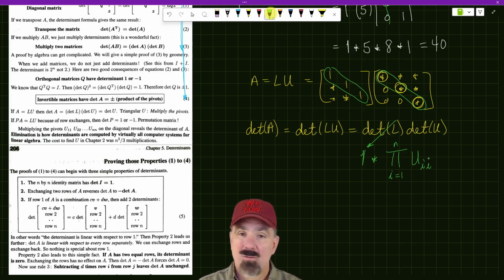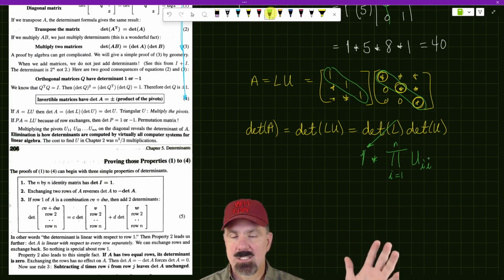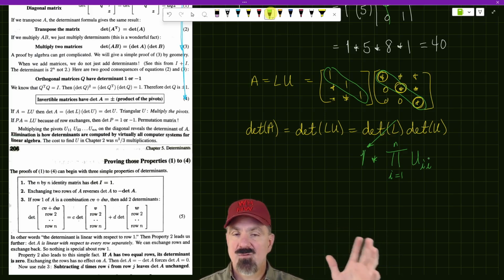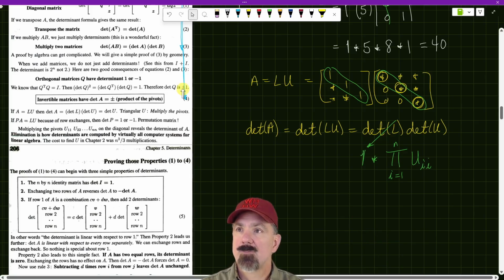As I said, really the only other time that we think about using another method is if we have a sparse matrix filled with zeros, 90% zeros, 99% zeros, lots of zeros. If we have lots of zeros, it may be faster to actually do the cofactor expansion approach.